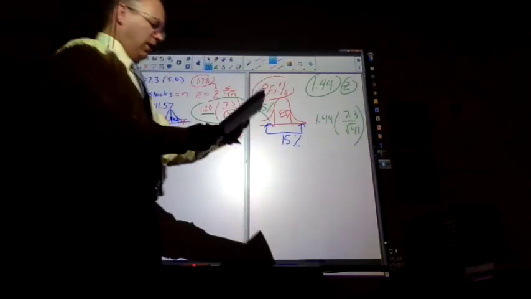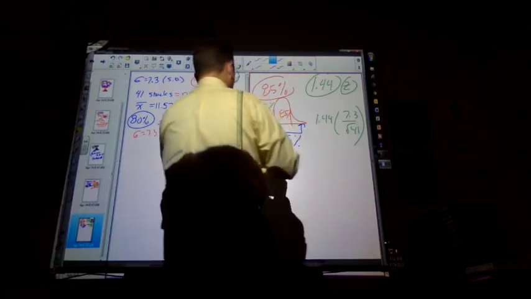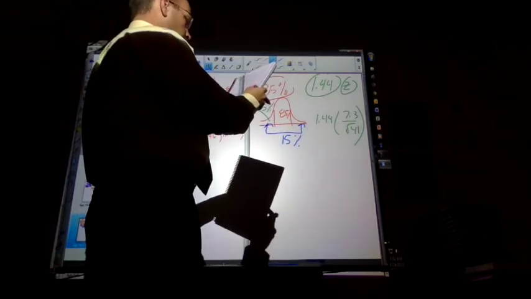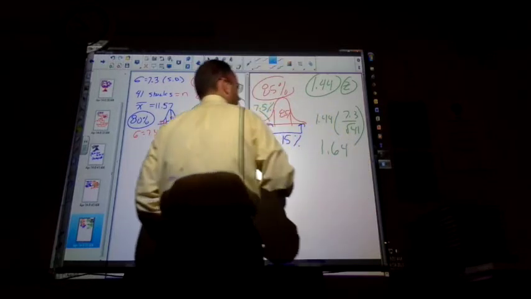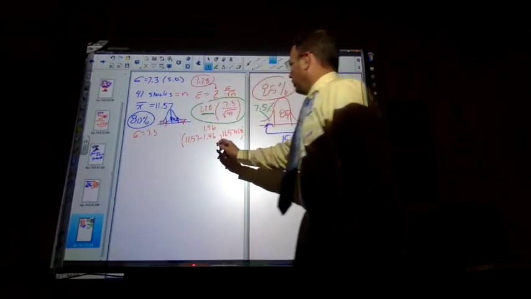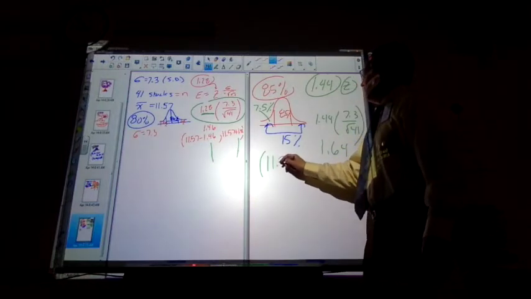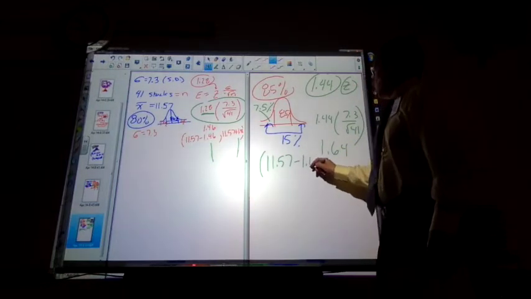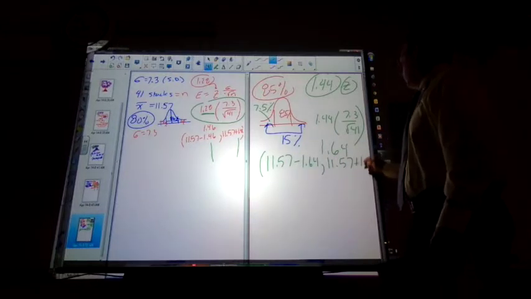And that's going to give me 0.957. Wait. I looked at the wrong one. 1.64, thank you. Which means I'm going to change this and this. So I get 11.57 minus 1.64, comma, 11.57 plus 1.64.